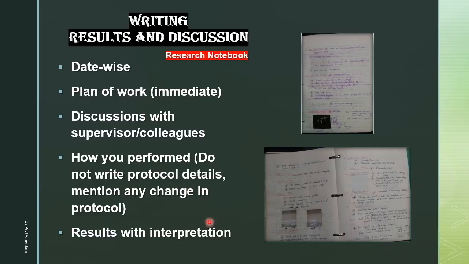And you should also give results with interpretation under different dates, what your results were for that experiment and what your interpretation was. You should give a brief interpretation without giving references. Here you don't need to give references from the literature. These are your own results. However, you can give one or two references if the interpretation is specific.